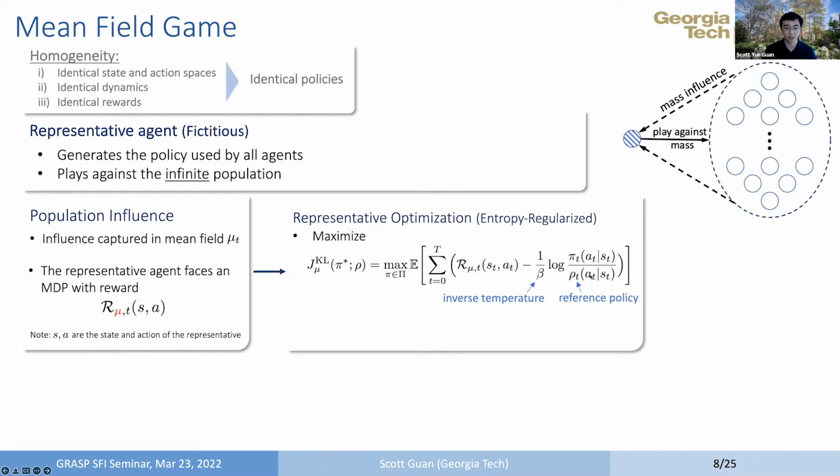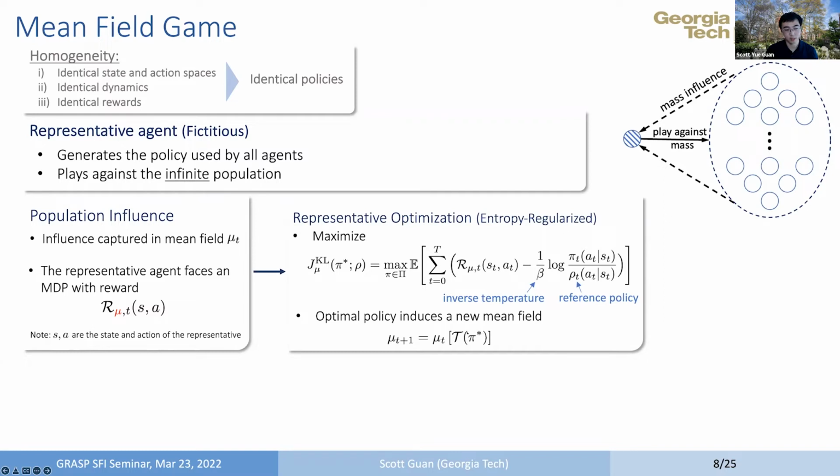And then one can encode useful information into this reference policy, like a pre-trained policy or some kind of safe policy. And by playing with the inverse temperature, one can control how much the agents will deviate from this reference policy. And if you don't have anything to encode, then you can simply put a uniform policy here just for the regularity. So the representative agent can then easily find an optimal policy for this single agent optimization problem.